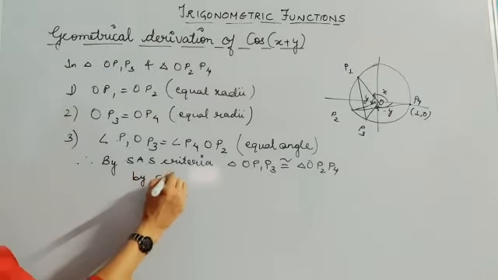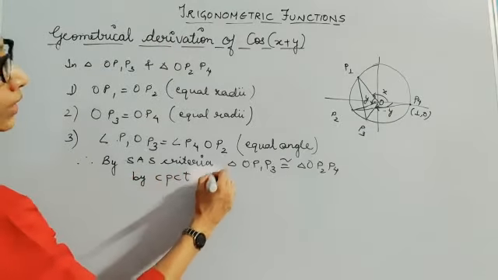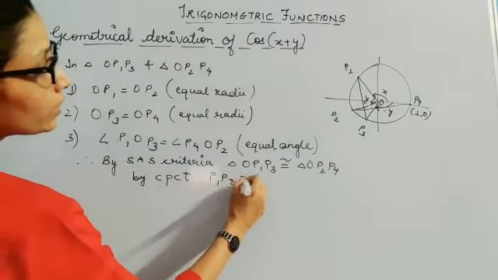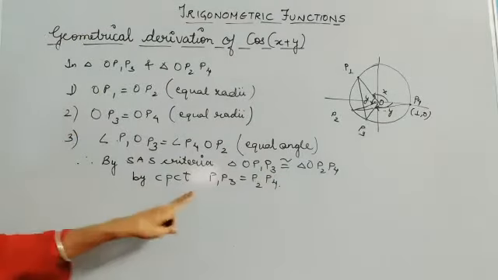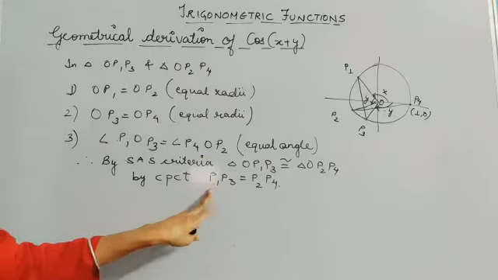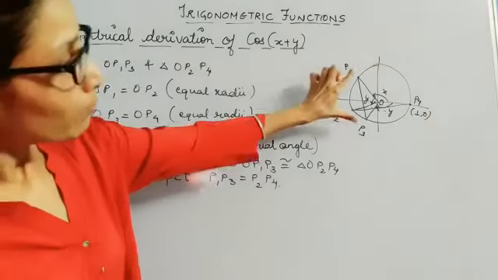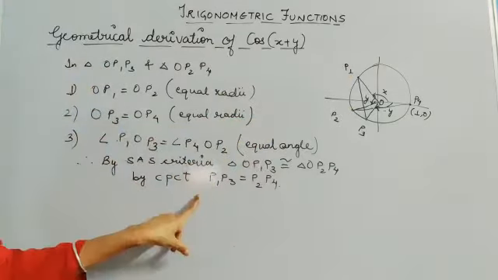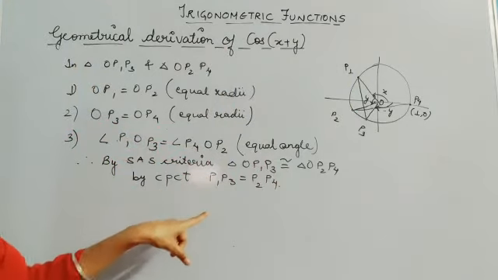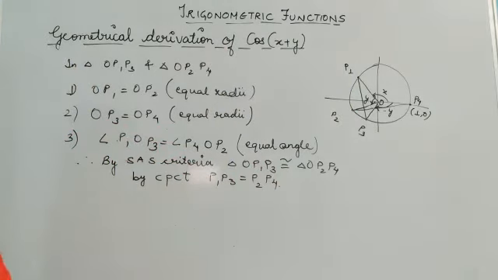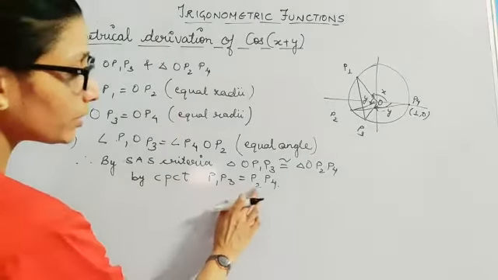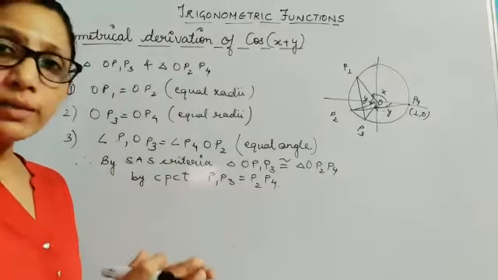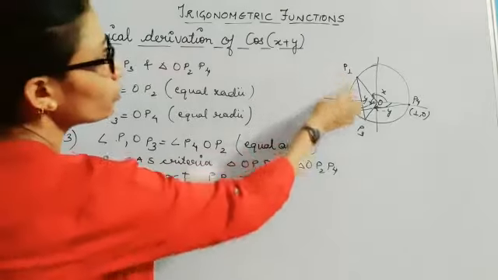So I can write by CPCT P1 P3 is equal to P2 P4. Now if these two are equal, I can find out P1 P3 by using the distance formula.